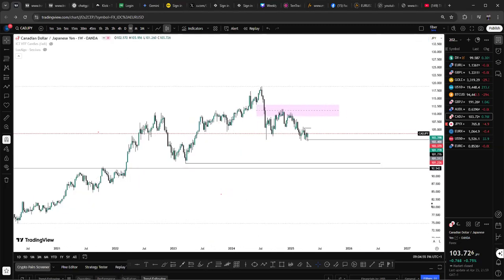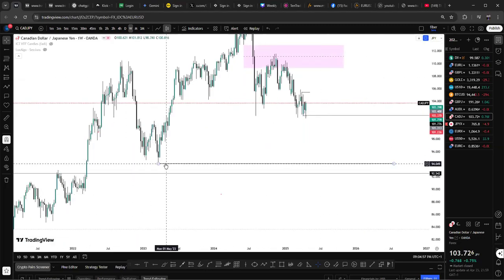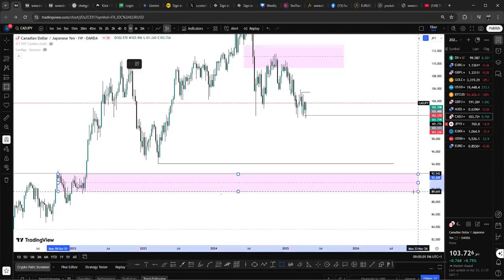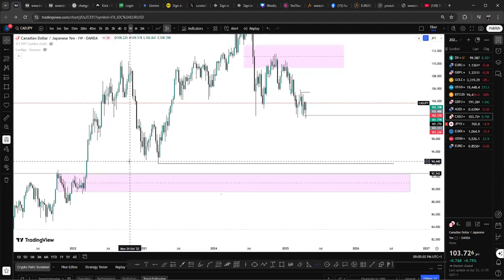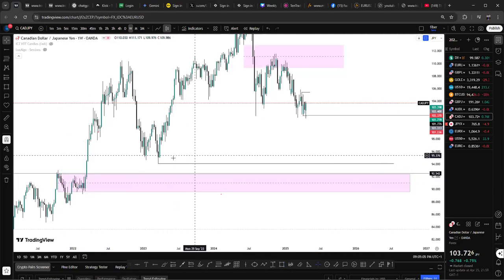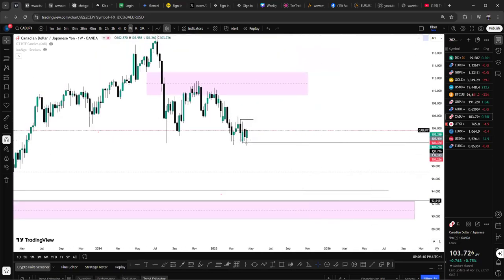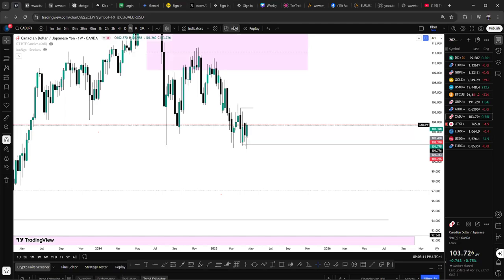So this can become an inducement now to this entire area. You can call it an area of demand or whatever. All right, so more lower prices on Japanese yen and on CAD-JPY too.